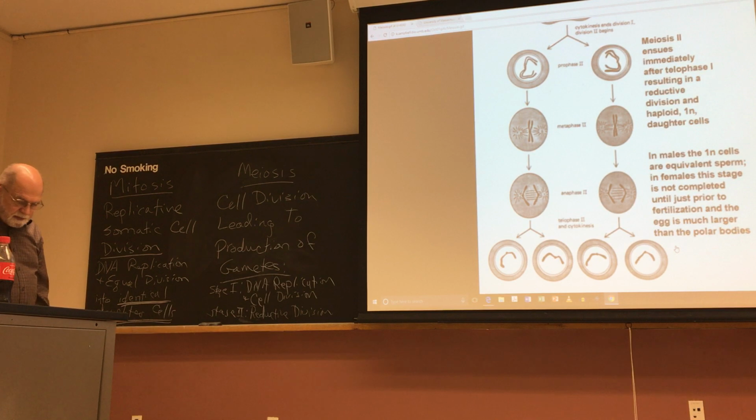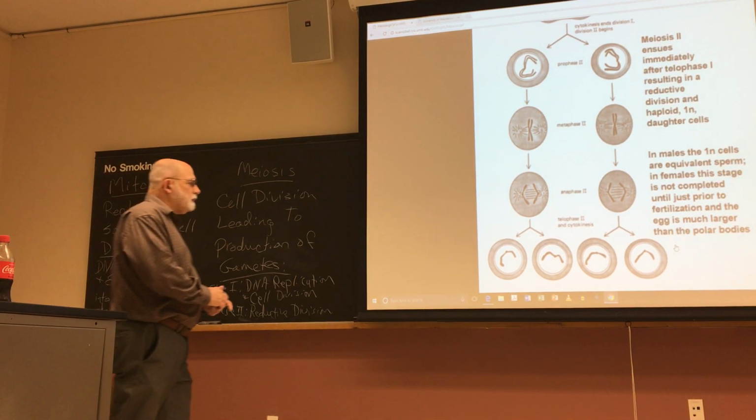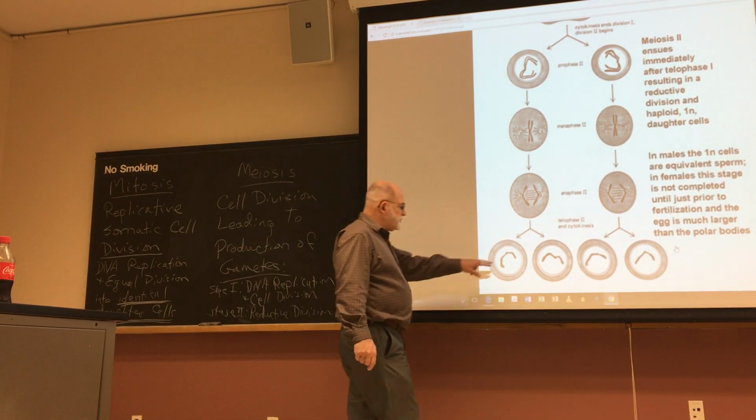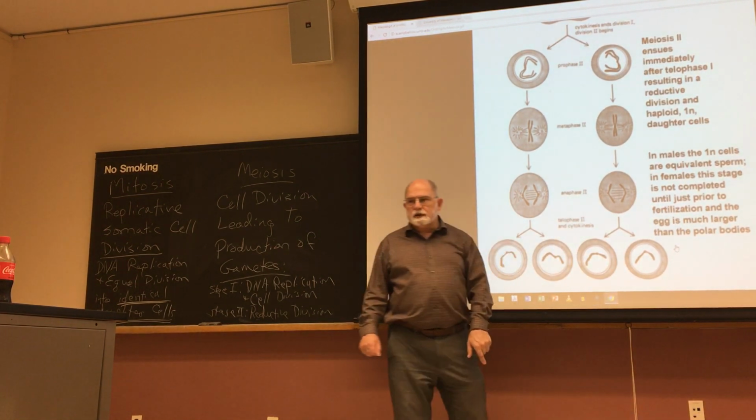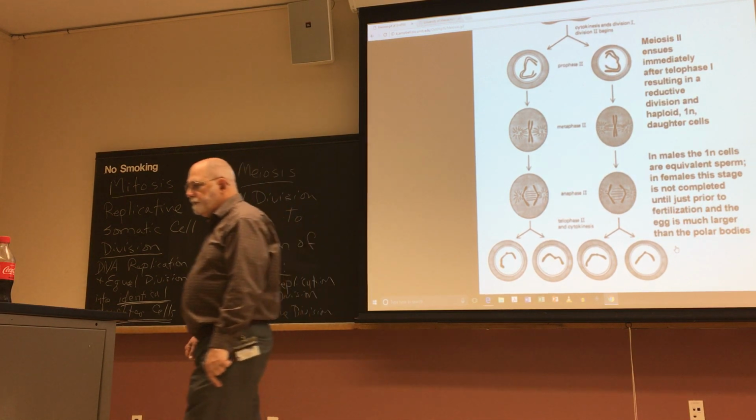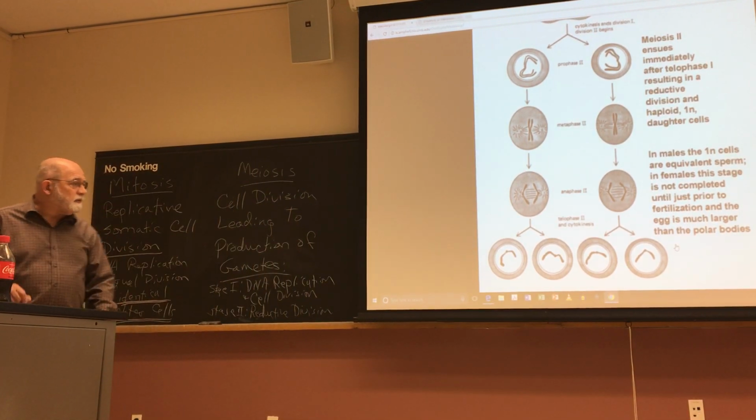One thing that happens in spermatogenesis that's not shown here on this diagram is you sometimes maintain little cytoplasmic bridges between the cellular products in gamete formation.